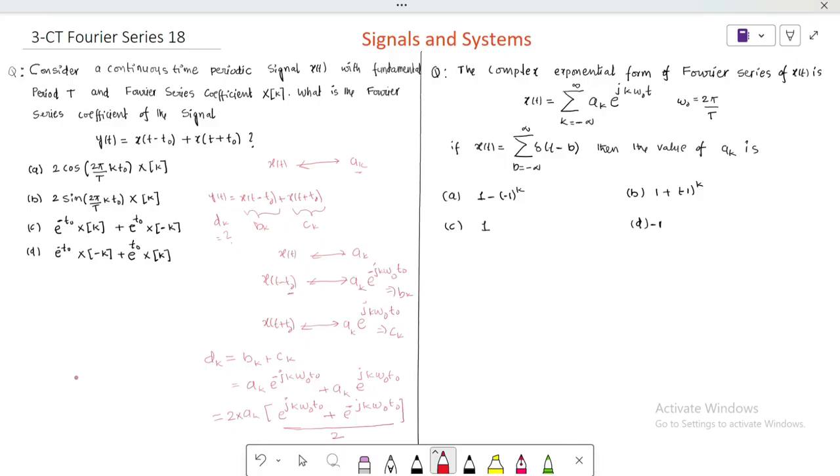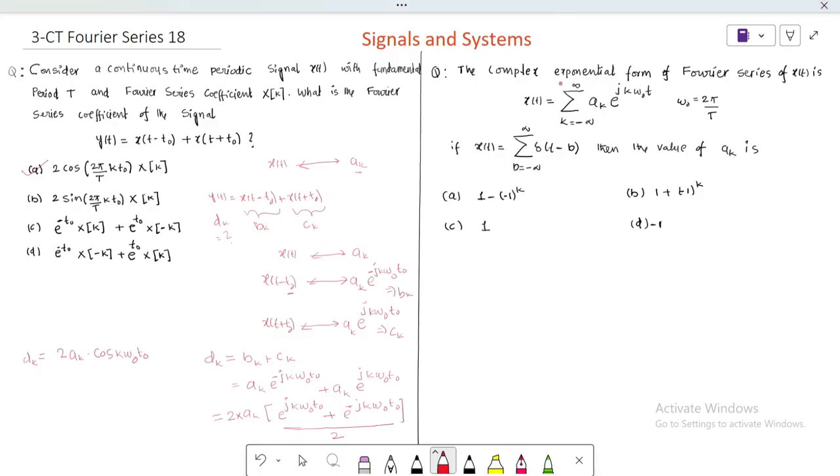So the resultant dk equals 2 into ak into cos of k omega naught into t naught. So 2 cos omega naught k t naught into x of k. You know x of k is nothing but ak. So the option is A.